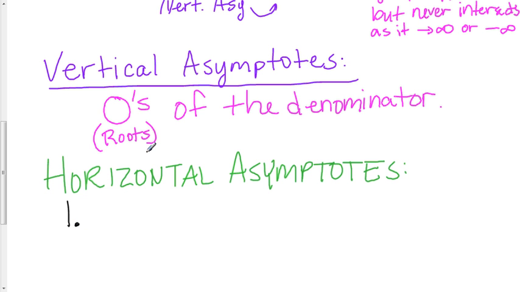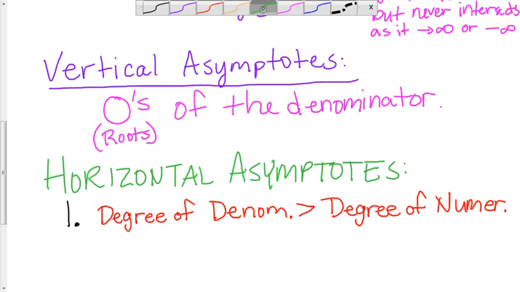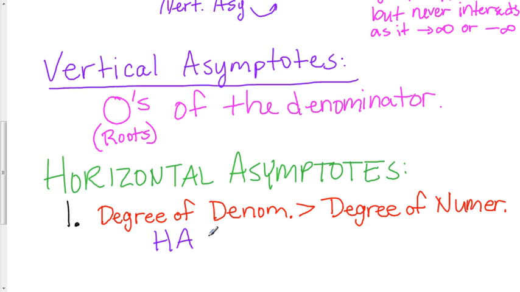One is if the degree of the denominator is greater than the degree of the numerator, if that is the case, there's a horizontal asymptote at y equals 0.